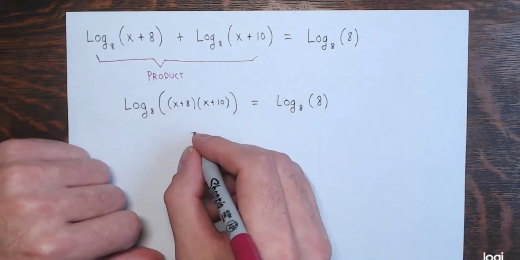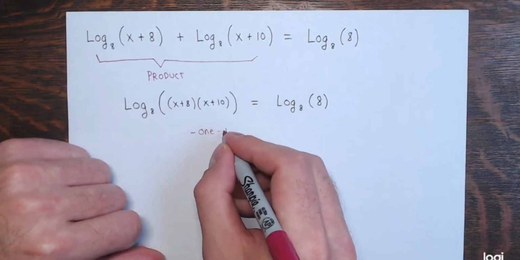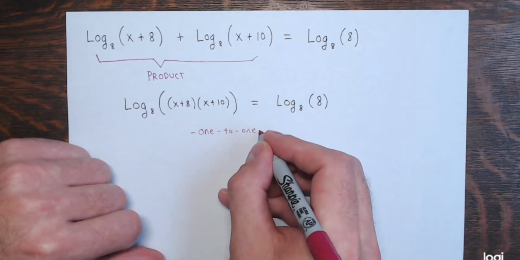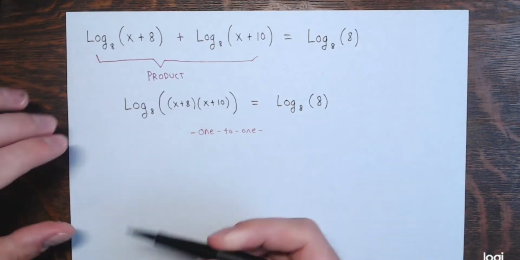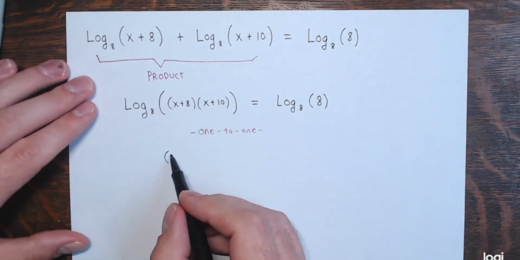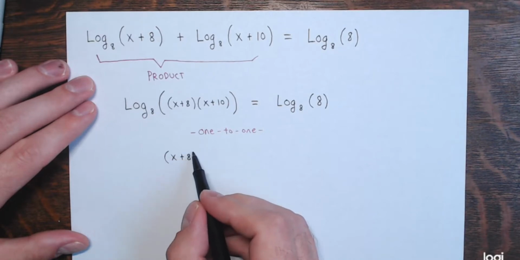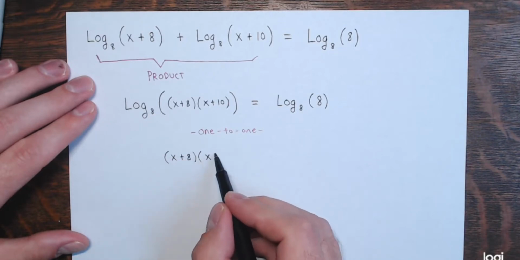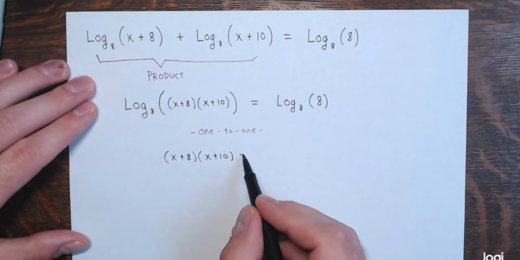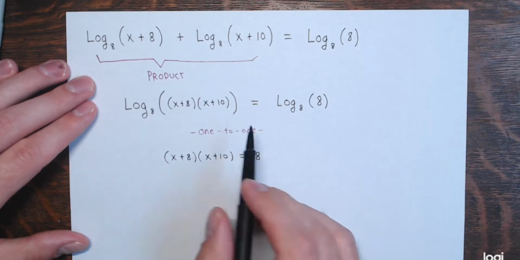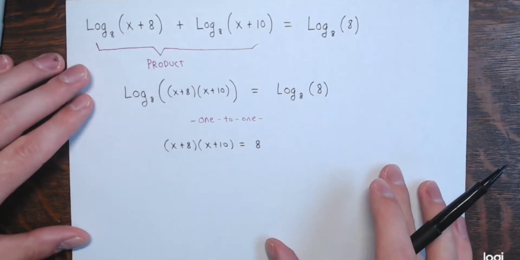So now I'm using that one-to-one property. And that means that x plus 8 times x plus 10 must be equal to 8, setting the arguments equal to each other. And then we're going to solve this.